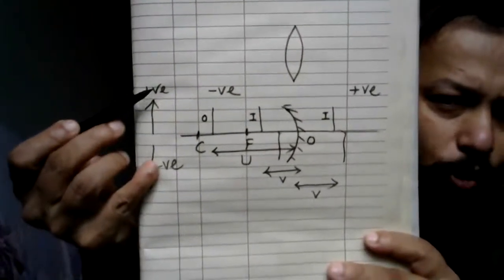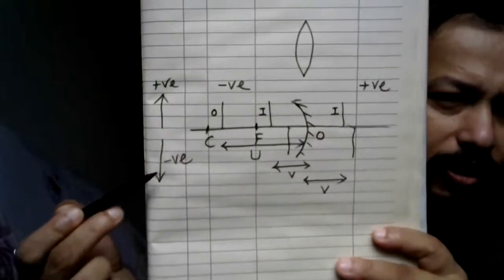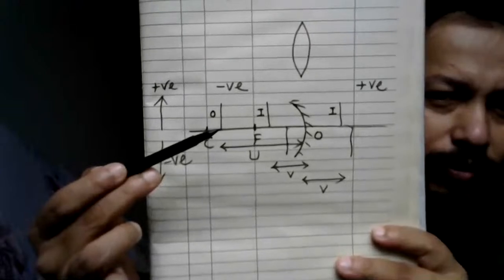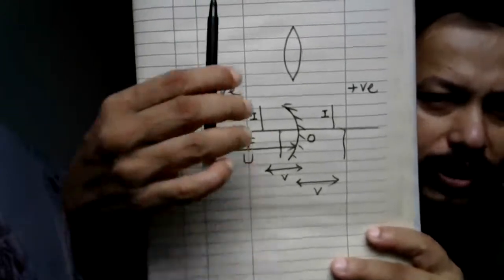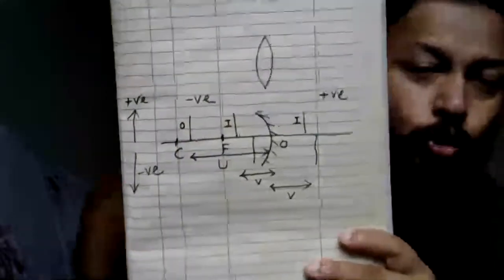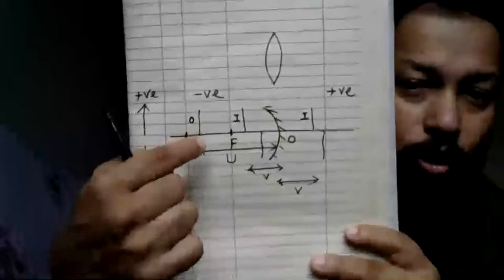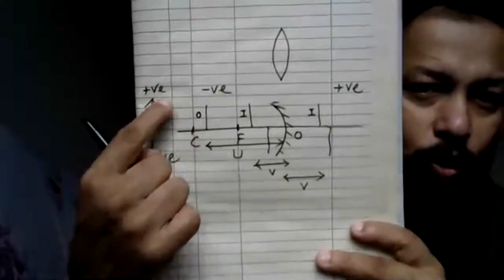Up means positive and down means negative. Now see, object we always keep upward. When we keep the object like this, it is always positive.